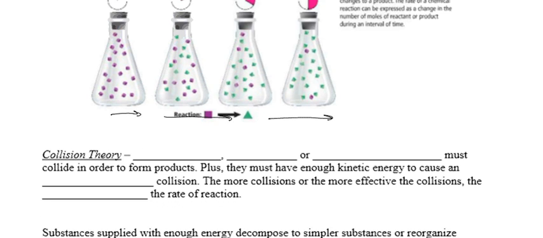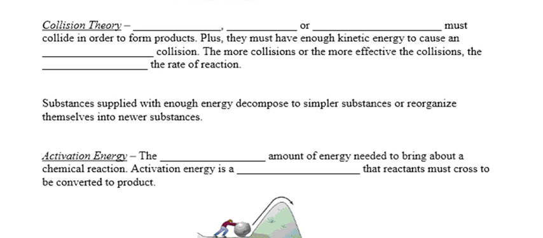In order for a reaction to occur, we're going to discuss what's called collision theory. In the collision theory, atoms, ions, or molecules have to collide in order for a reaction to occur.